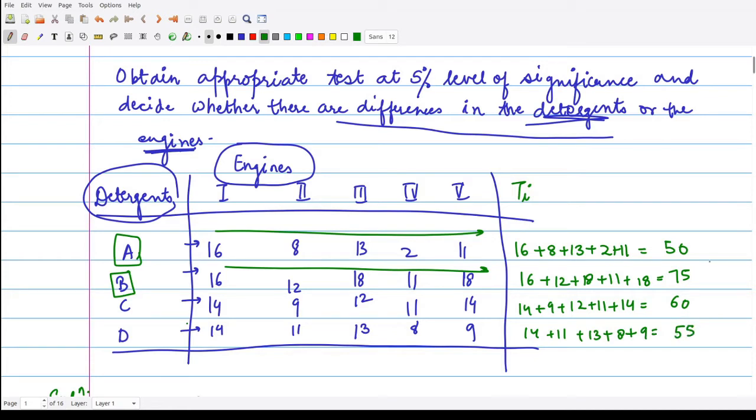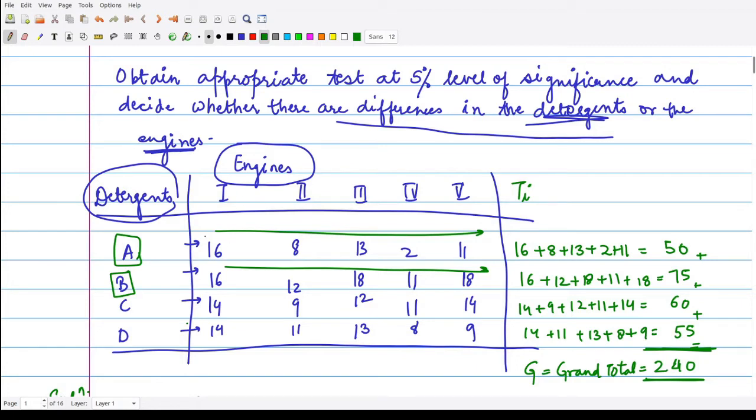When you add up all these, 50 plus 75 plus 60 plus 55, you obtain 240, and this 240 is known as G, the grand total, right? Similarly, you will calculate the Tis for engines as well.